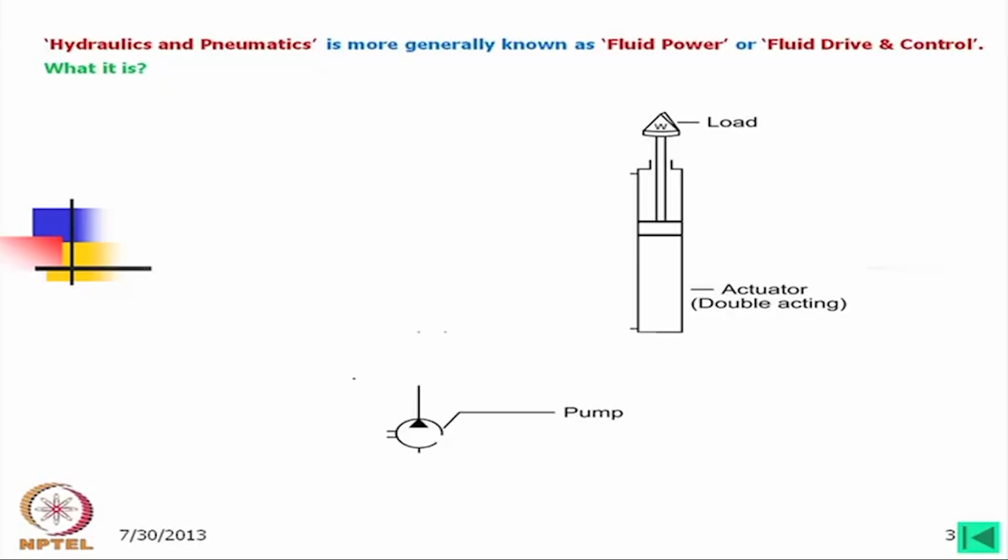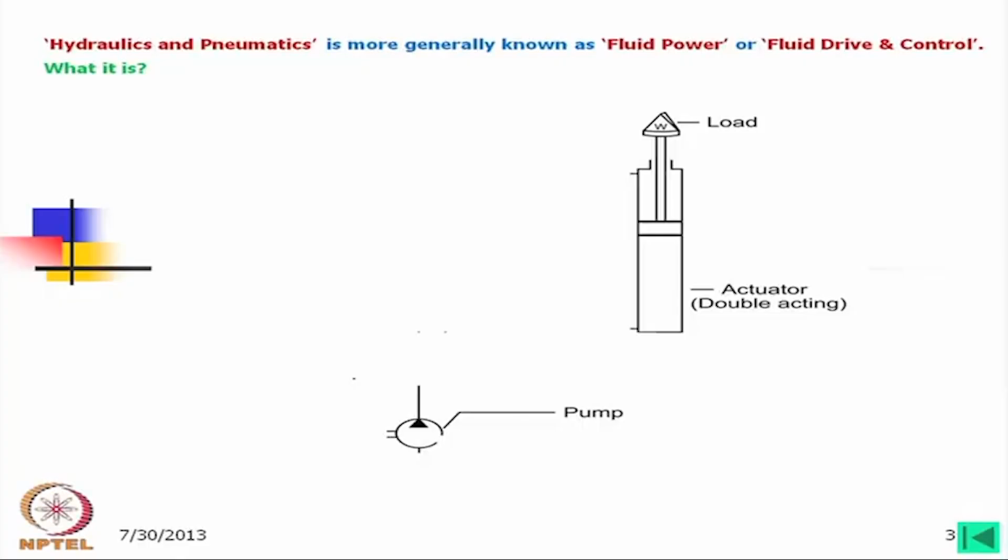Now, we can directly connect this pump to the bottom of the actuator, and then we can lift the load. But the question is that when the pump will run, how we can take out the oil to lower the load. Therefore, we need some means to take the oil out.